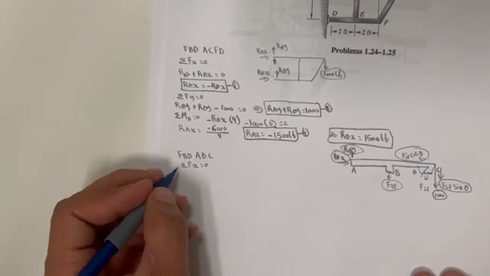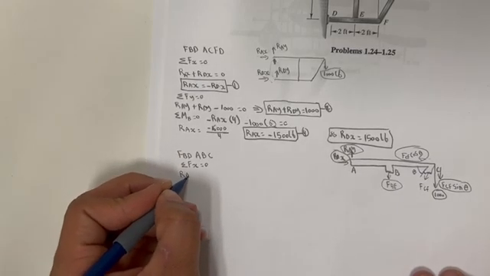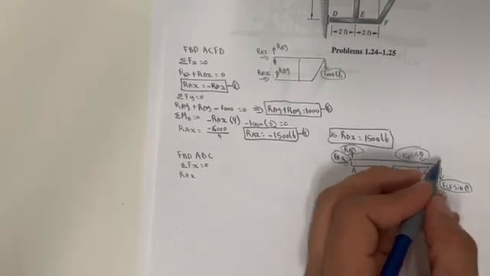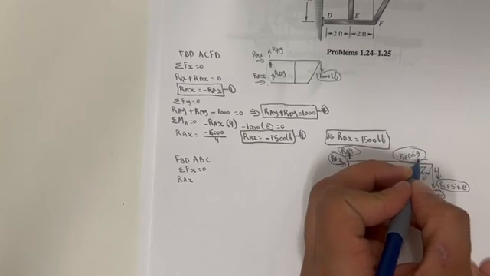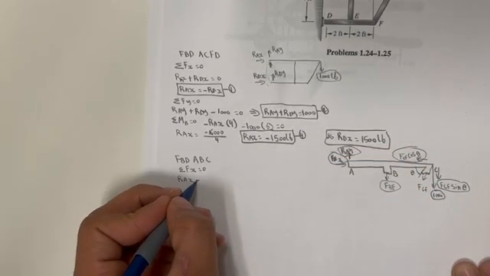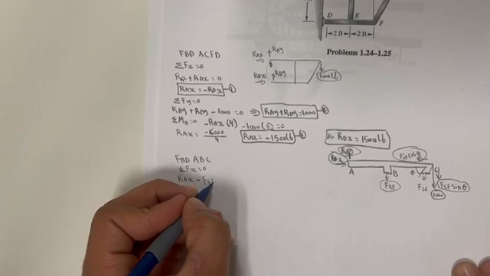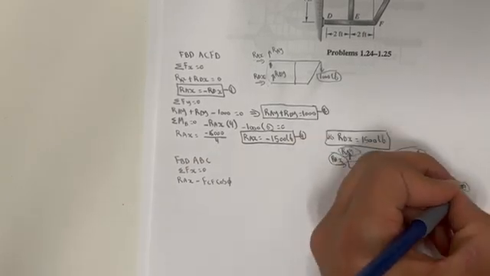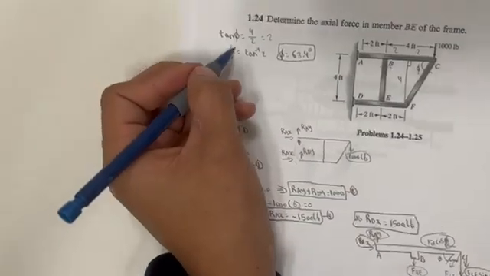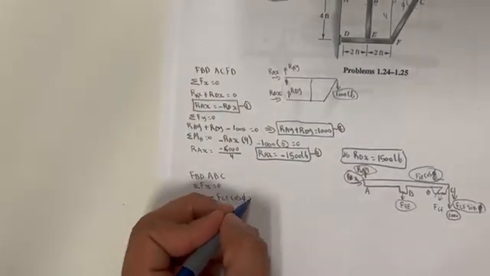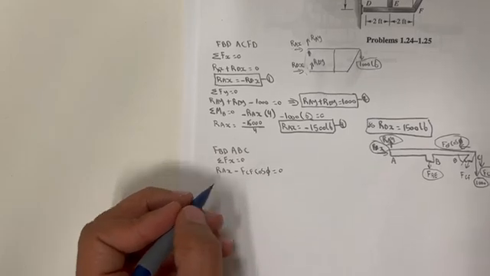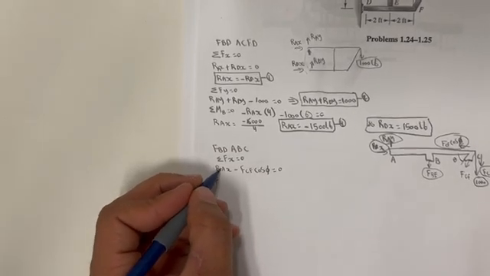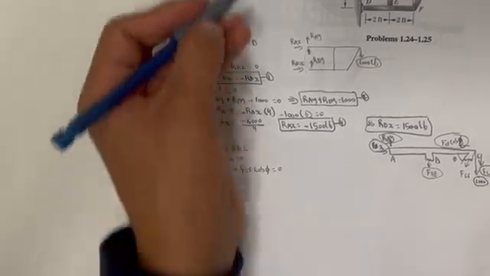RAX, that is going this way, and this going this way, minus FCF cosine phi, the phi that we get here, equals 0. So now we can get FCF, because we have RAX, we have phi.